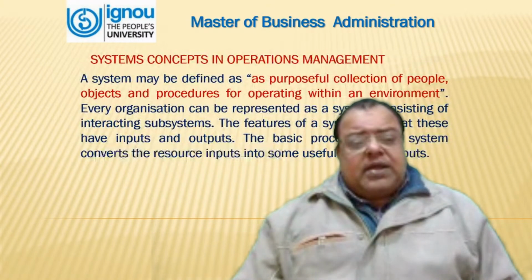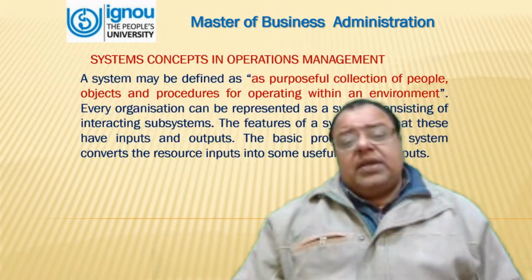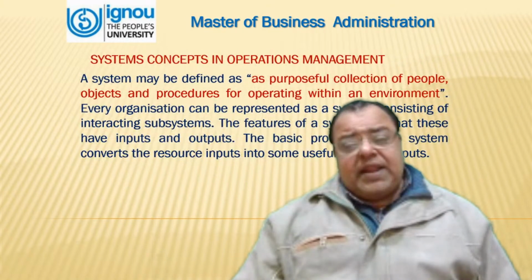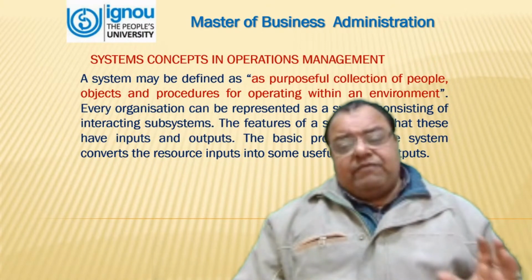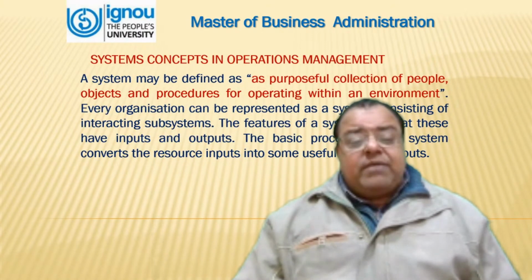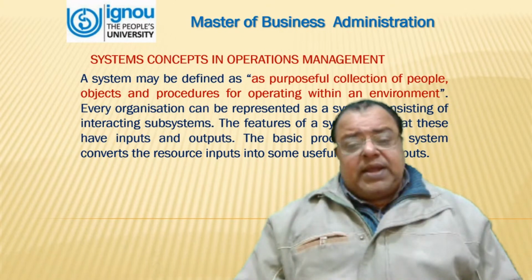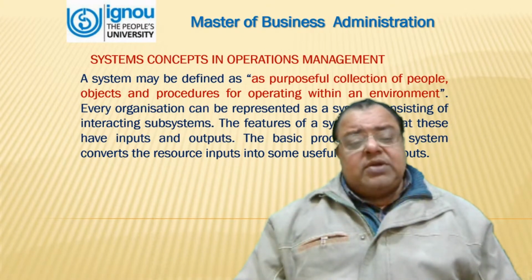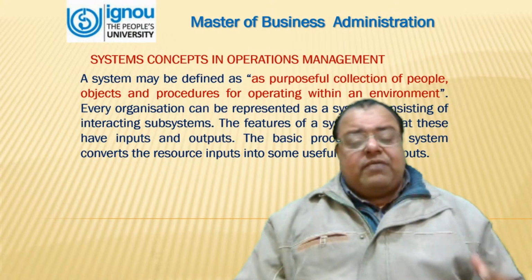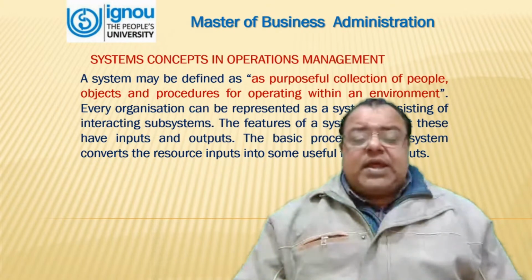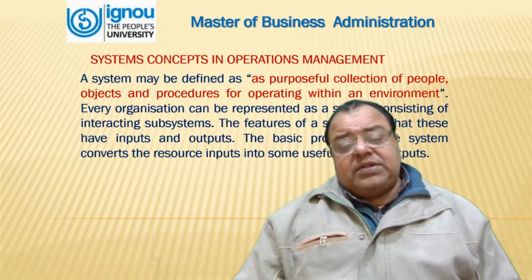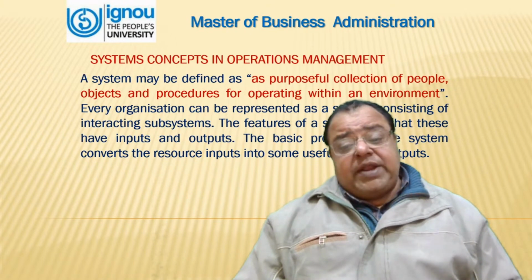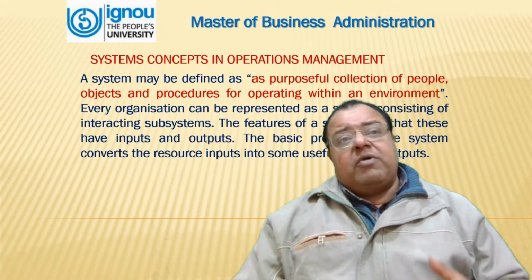System concept in operations management. A system may be defined as a purposeful collection of people, objects, and procedures operating within an environment. Every organization can be represented as a system consisting of interacting subsystems. The features of a system are that they have inputs and outputs. The basic process of the system converts the resource inputs into some useful form of outputs.